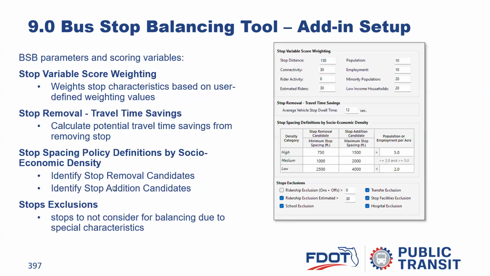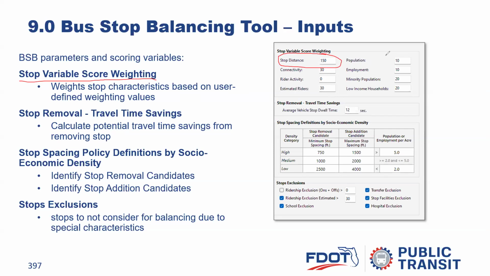The other part of this is four areas that are inputs. We'll start with the stop variable score weighting. You weight stop characteristics based on user-defined levels. Generally the highest level is going to be stop distance. The closer that stops are together, we want to weight that very highly because those are the ones we want to remove.